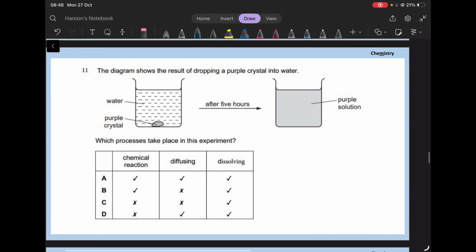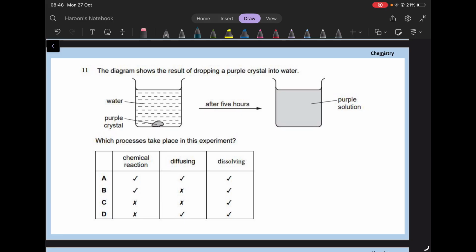The diagram shows the result of dropping a purple crystal into water. Which two processes take place in this experiment? Now, diffusion is only spreading out of substances. So it is not a chemical reaction, as in they don't react together to form a new substance. It's just they mix together. So it is only a physical process.